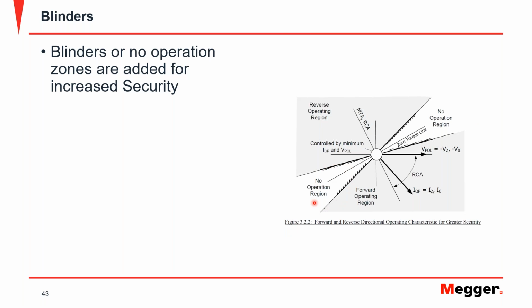What happens in the gray area, where you either have not enough sensitivity, the currents that are circulating are too low, where perhaps the magnitude of fault current is close to the magnitude of the load current? For those cases, you have to protect yourself against misoperations.